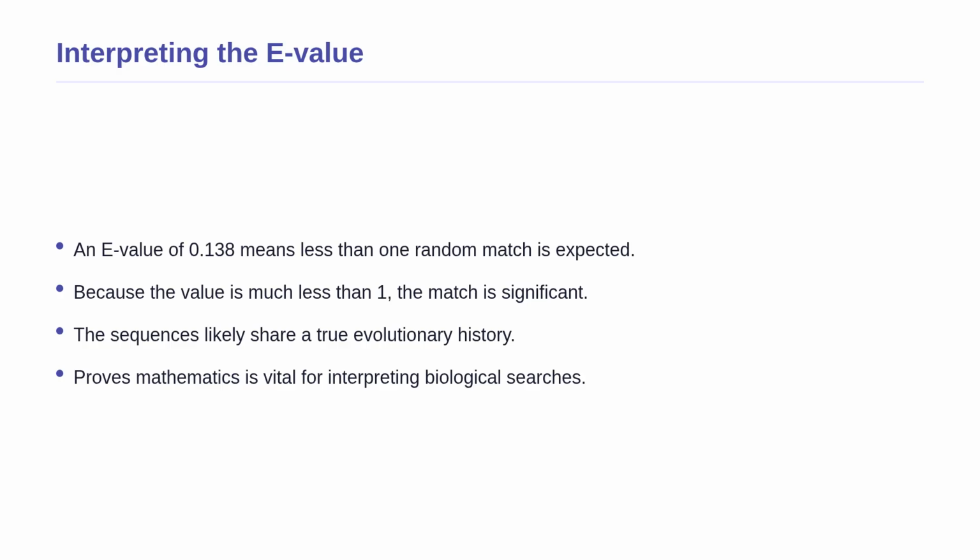Because this number is much less than 1, the researcher can confidently conclude that the match is biologically significant. It is not a random coincidence. The two sequences likely share a true evolutionary history. This proves exactly how vital mathematics and statistics are for interpreting biological database searches. Without these calculations, we would be lost in a sea of false positives.